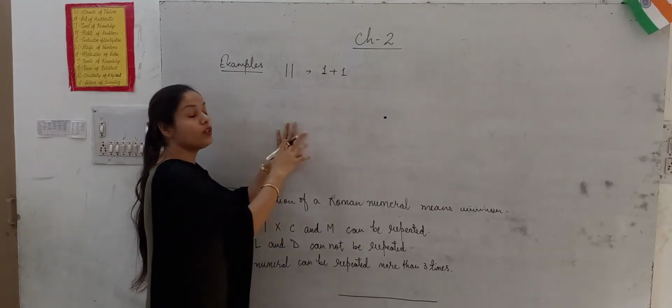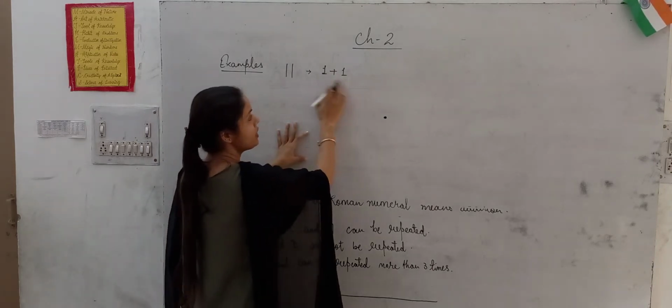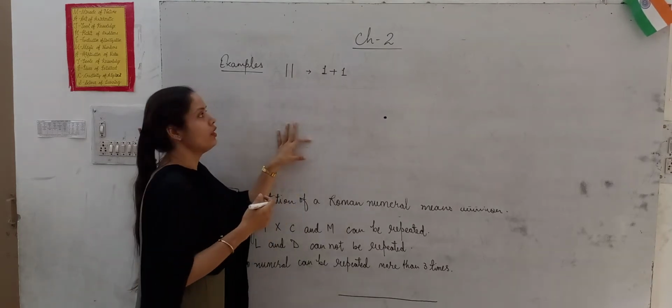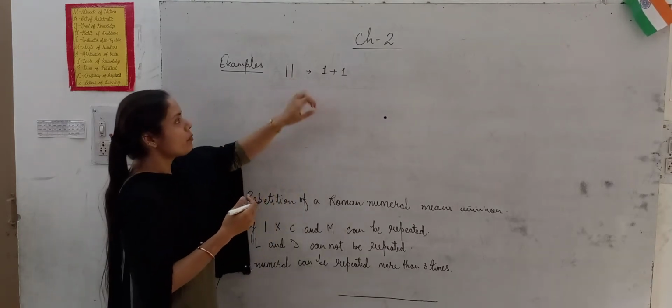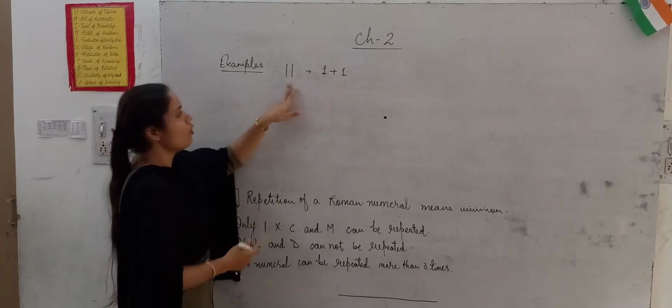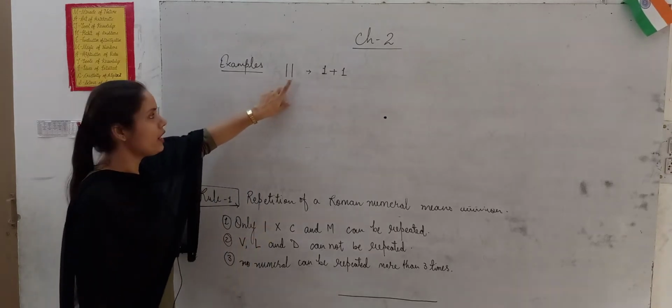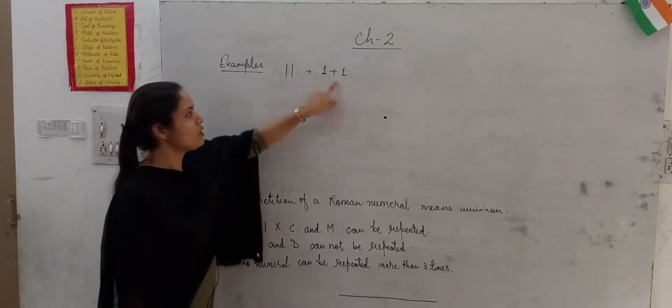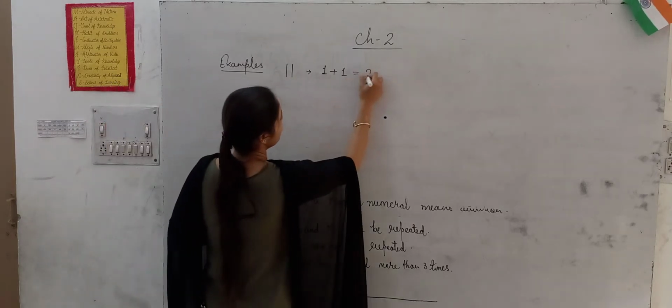I already told you in the chart that 1 is represented by I. If we write capital I, it will represent only 1, and now we are writing I and I, means we are writing I 2 times, means 1 plus 1 makes 2.